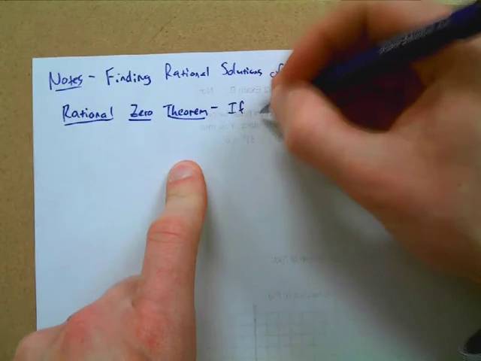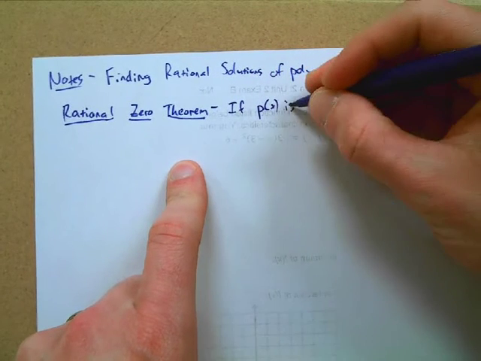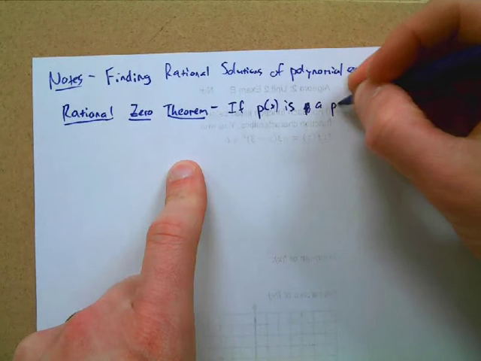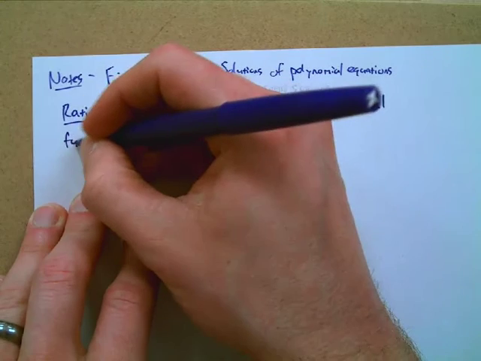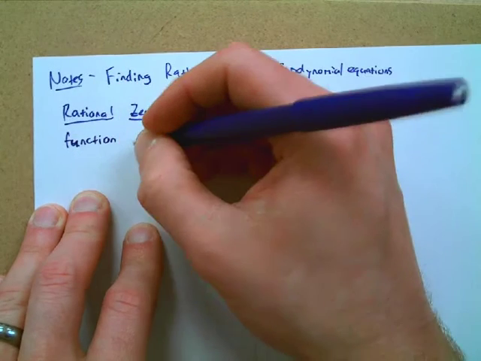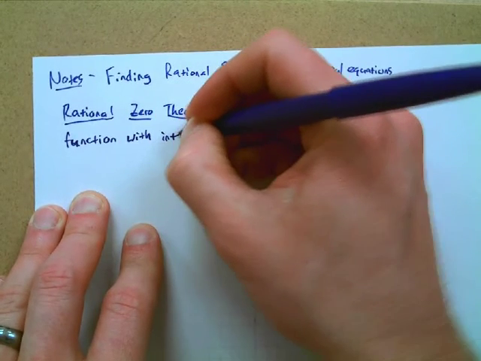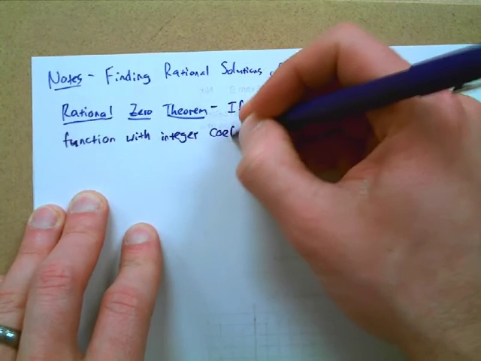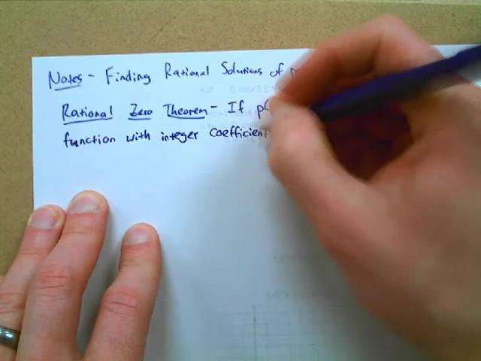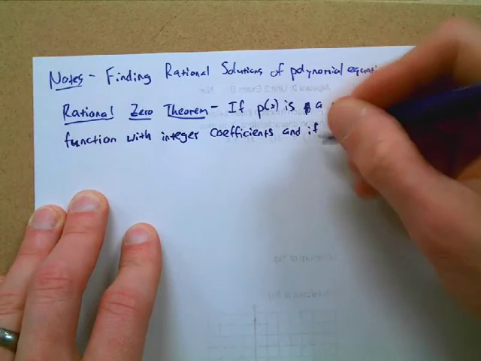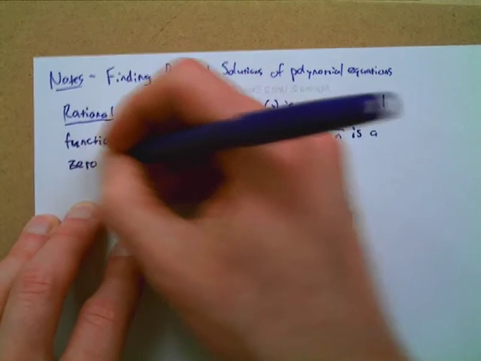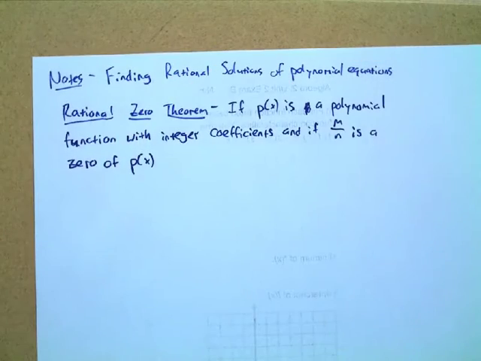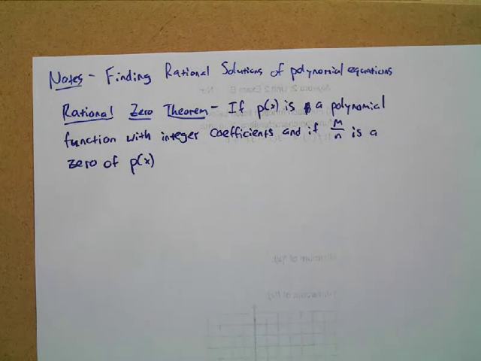If p of x is a polynomial function with integer coefficients, and if m over n is a zero of p of x, because our zeros are sometimes just integers, like 3 or 4, but we could have zeros that are 1/2 or negative 2/3, whatever kind of thing.